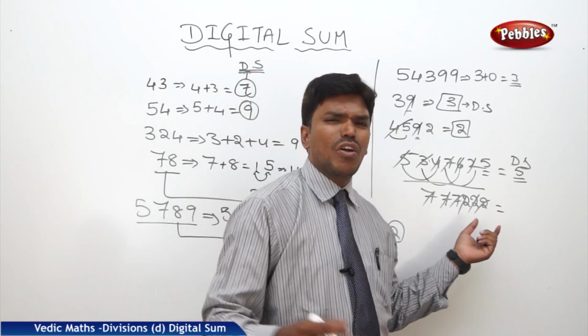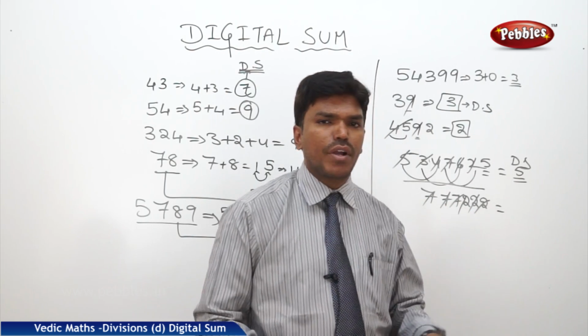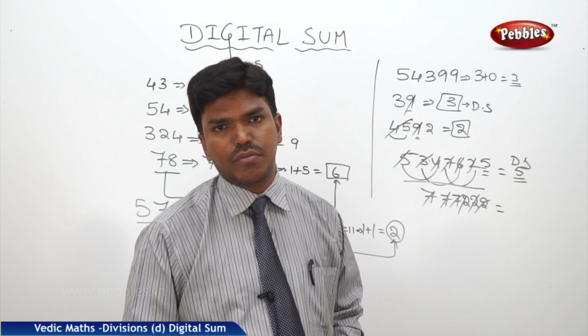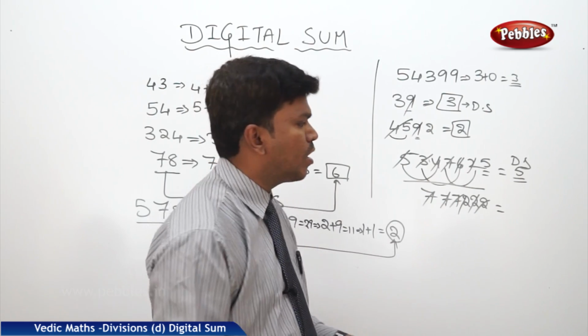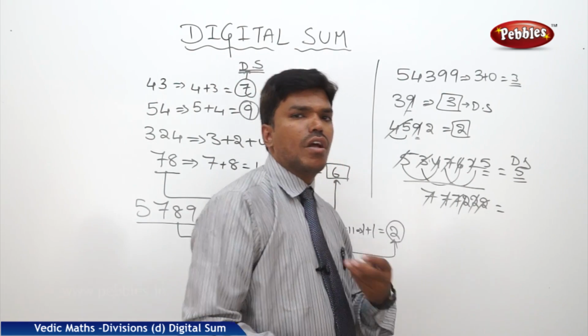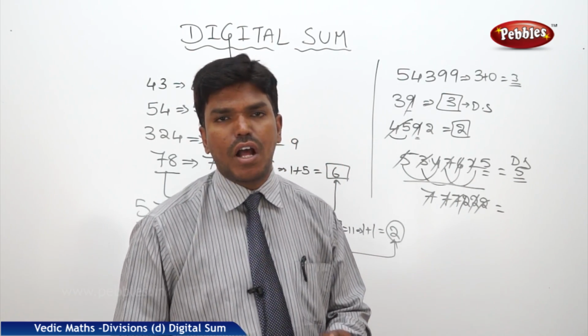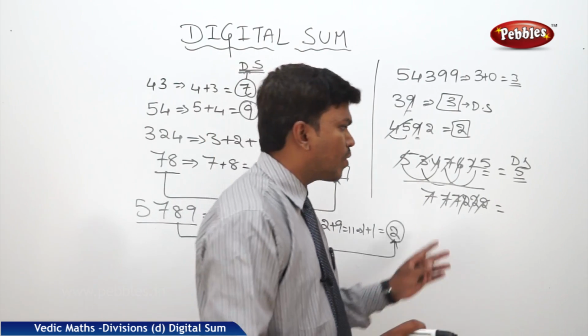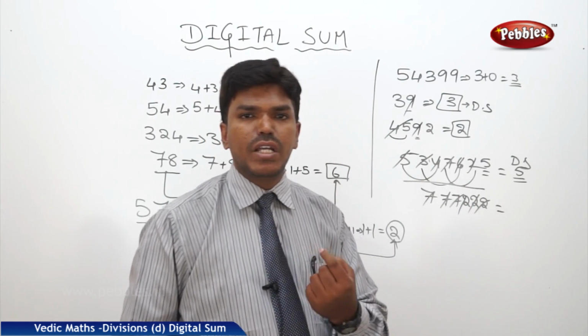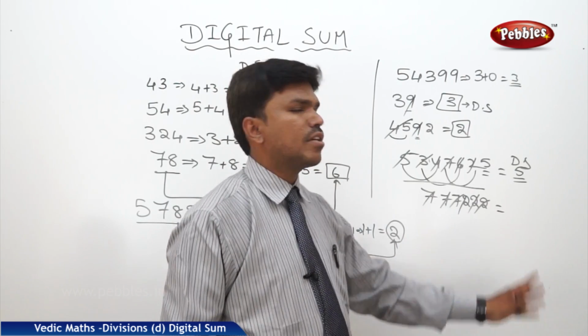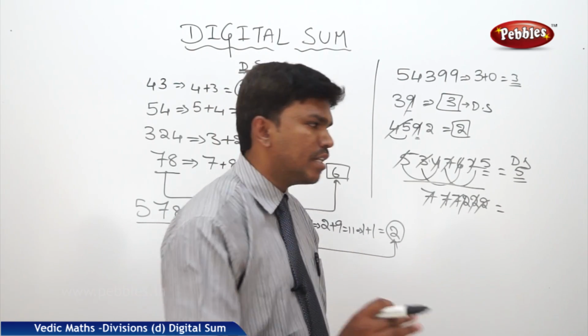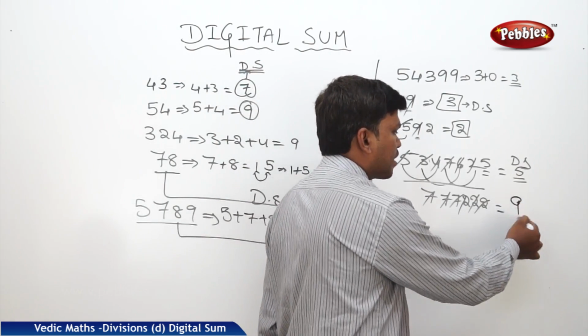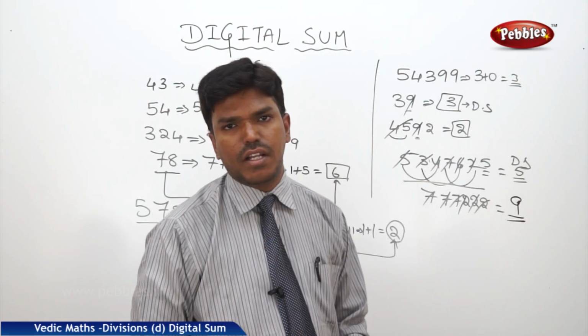Whenever you think logically also, whenever you add some digits, how can you get the digital sum as 0? You will never get it. So if all the digits are ignored when you are doing the digital sum, without leaving a single digit, if all the digits are ignored which are adding up to 9, the digital sum is simply 9. The digital sum is 9.